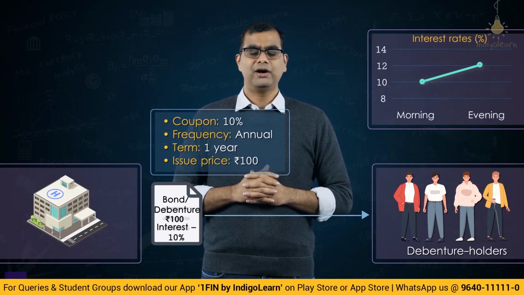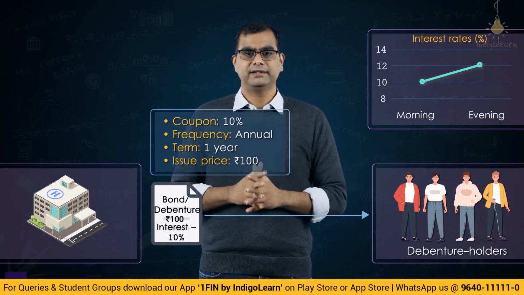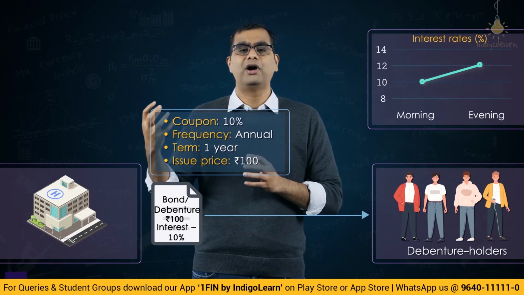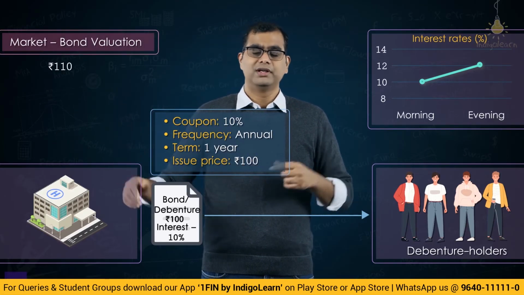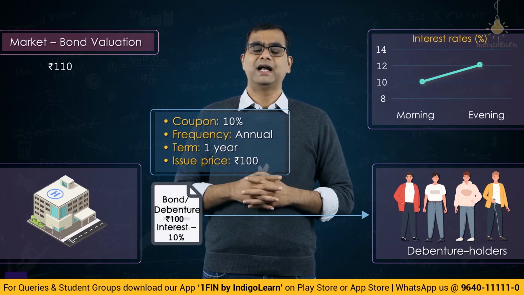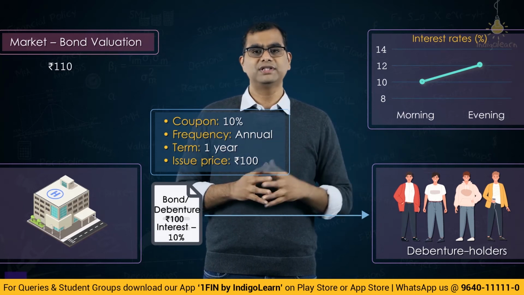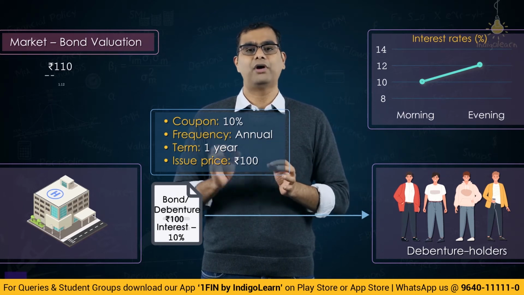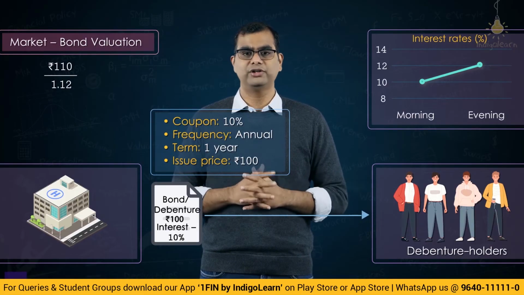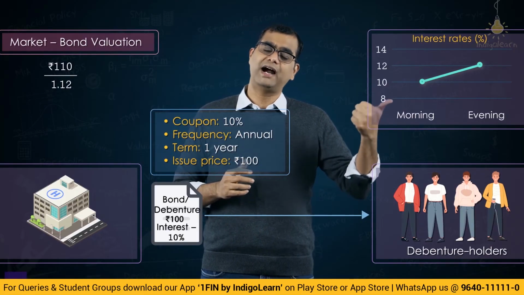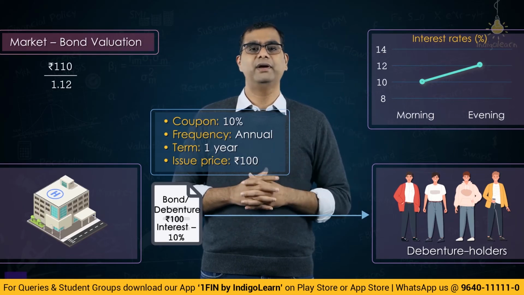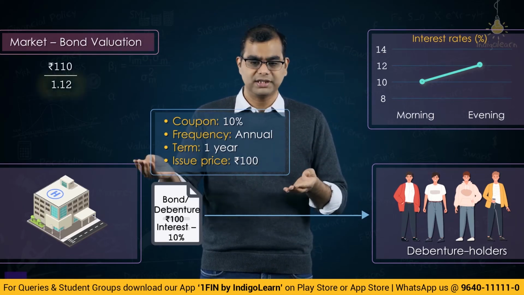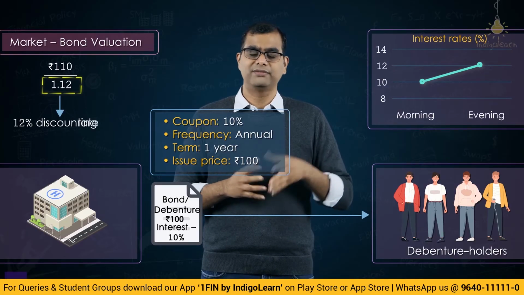Okay. So now in the market, how will the bond be valued? The bond will be valued as 100 is gone. The repayment is 110. So what you will do is 110 divided by 1.12, because 1 day is also not yet over. So 110 is after 1 year the investor will get money. So 110 divided by 1.12. Why 1.12? Because the discounting rate is 12%. What is 12%?